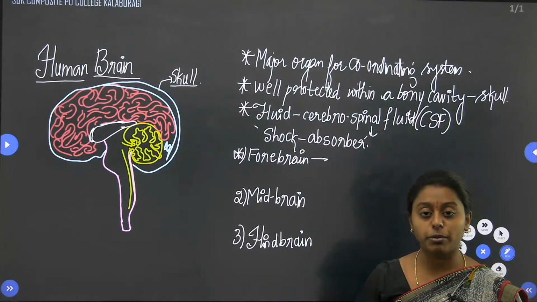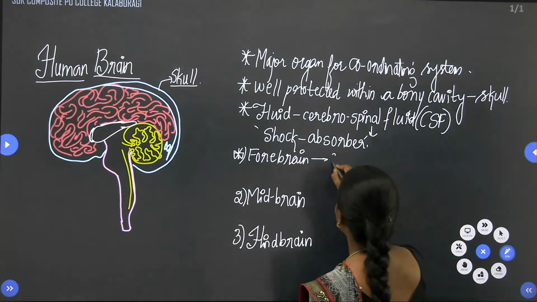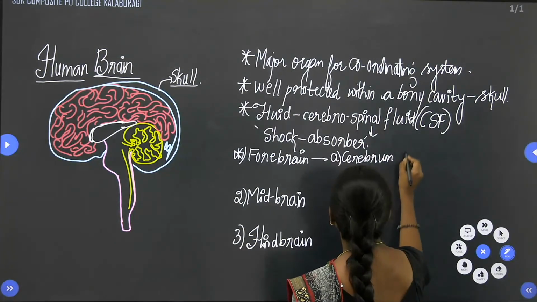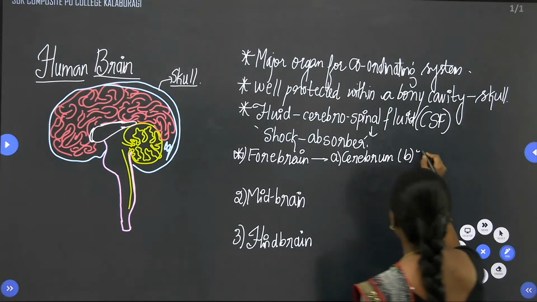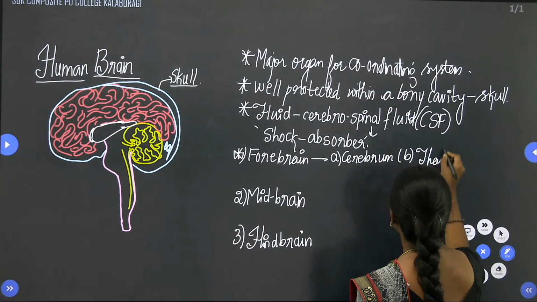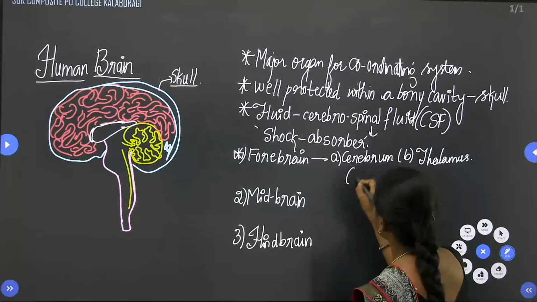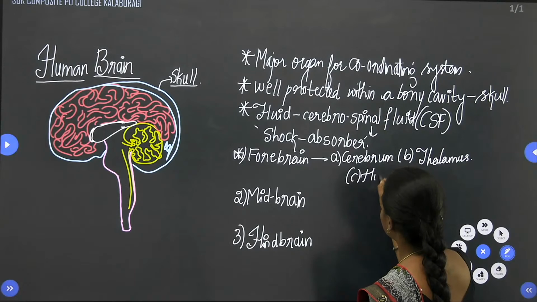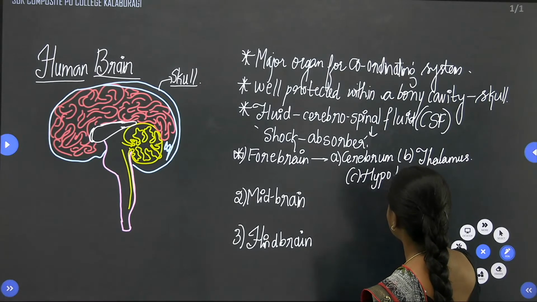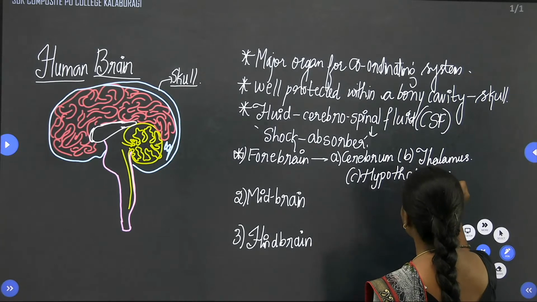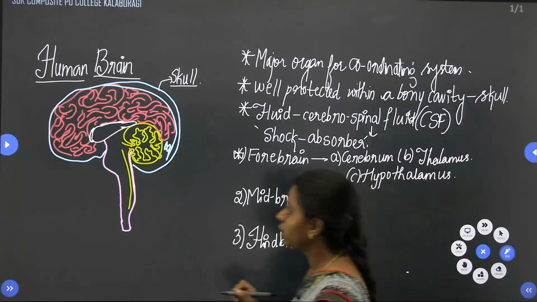Forebrain is formed by three structures. First one is cerebrum. Second one is thalamus. And third one is hypothalamus. Let us look into these structures within the diagram.